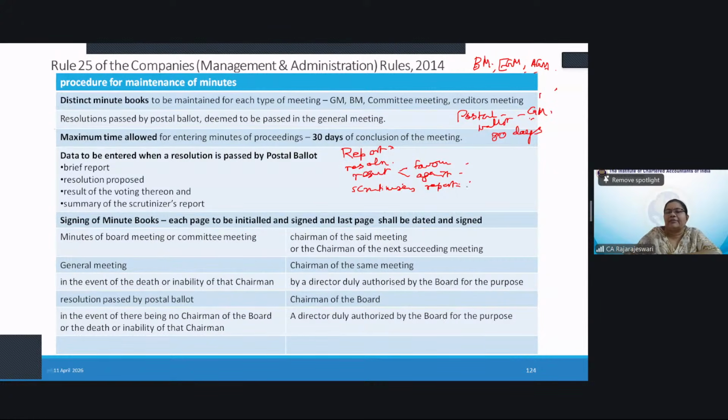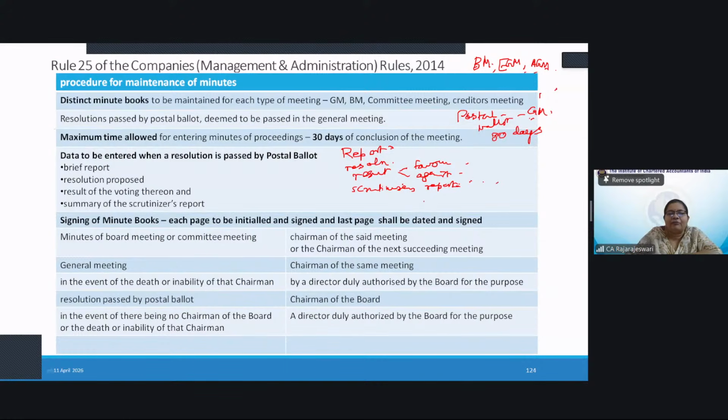That will also be mentioned in the minutes. Or you can attach the scrutinizer's report also. So a summary of whatever report he has given should be included.